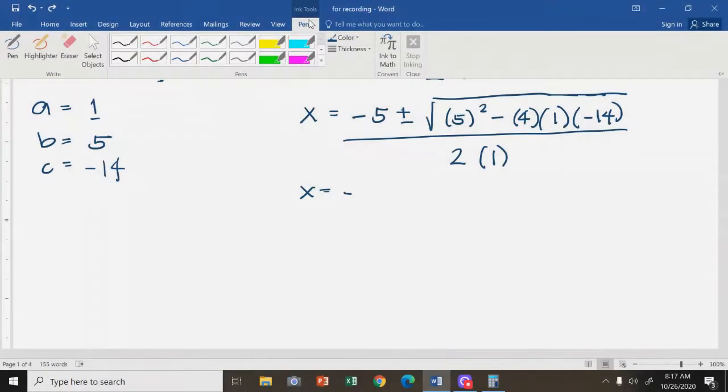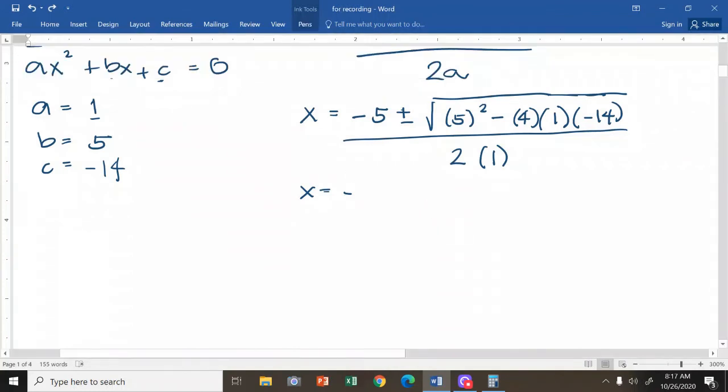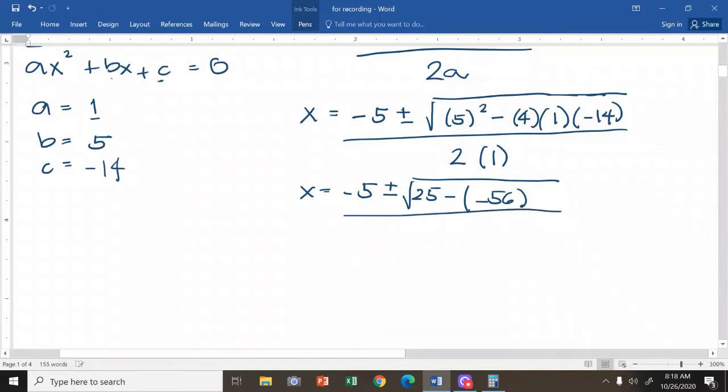Try natin yung ating equation. Meron tayong negative 5 plus minus square root of 5 squared is 25 minus, itong 4 times 1 is 4 times negative 14 is negative 56, over 2. Simplify natin ulit.